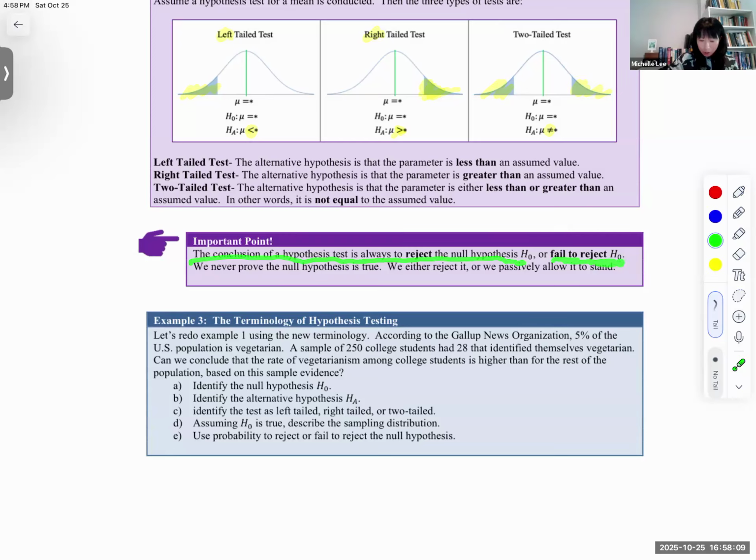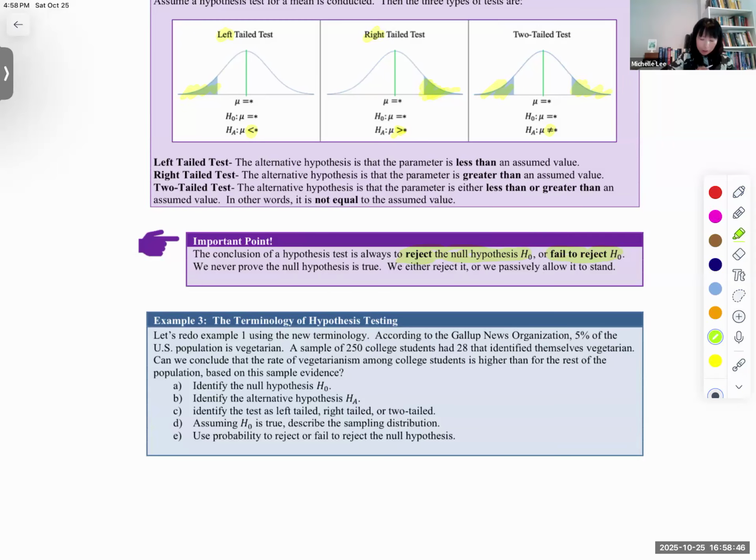We never prove the null hypothesis is true. We either reject it or we passively allow it to stand. So we use this terminology, which is very important: reject the null hypothesis or fail to reject the null hypothesis. We use two terms in this chapter.